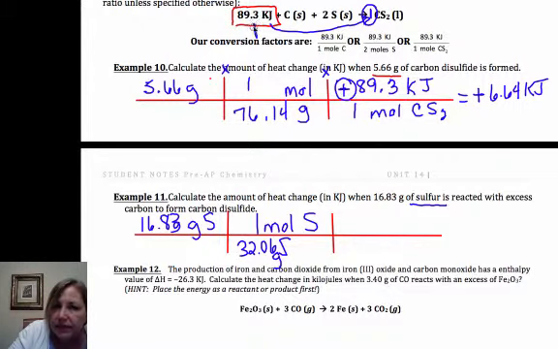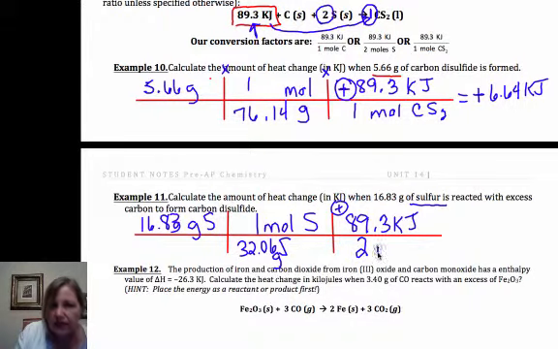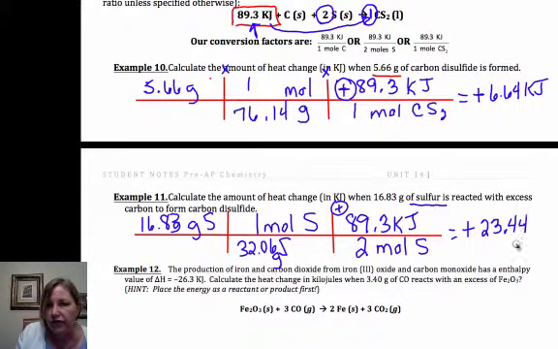Now, this time it's 89.3 kilojoules, and remember it's positive, but this time it's for every 2 moles of sulfur that are reacted. So I would get a positive 23.44 kilojoules. Since these are positive, that amount of energy is required.